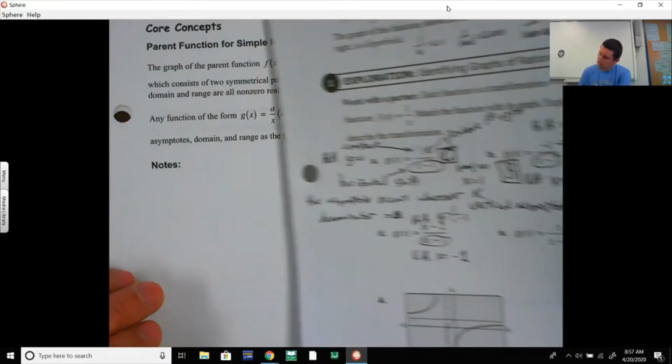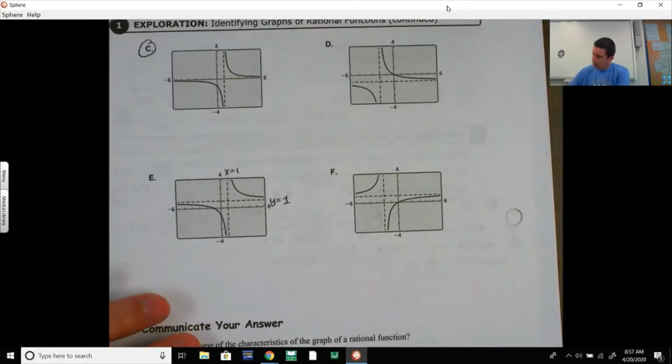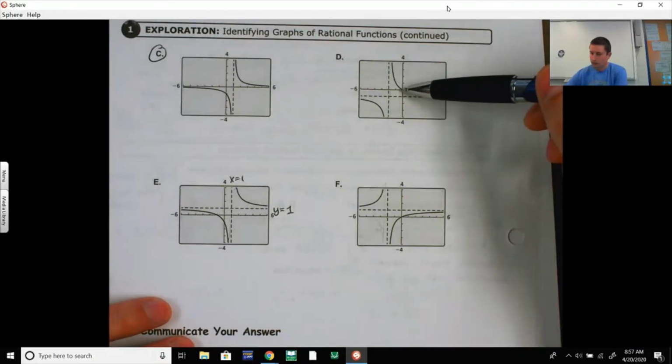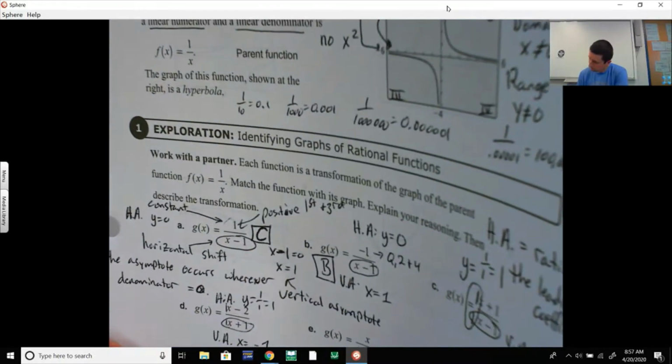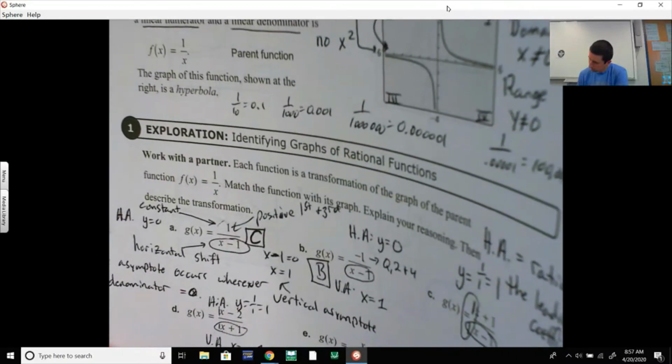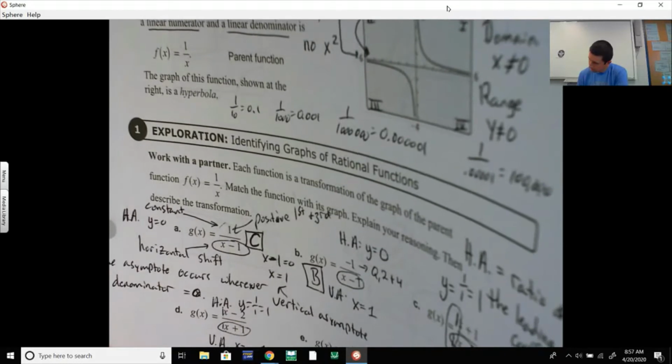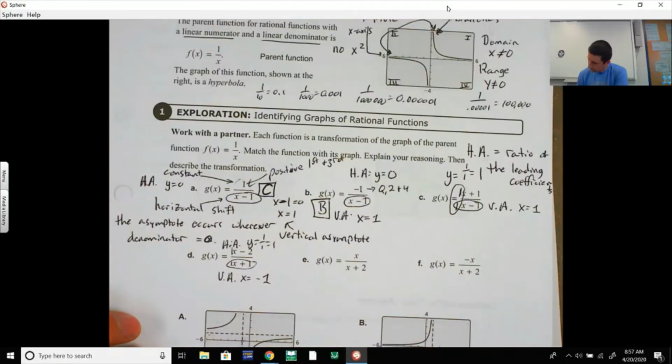Okay. So I keep looking. This one has a vertical asymptote at x equals -2. That one would be it. They have this wrong.